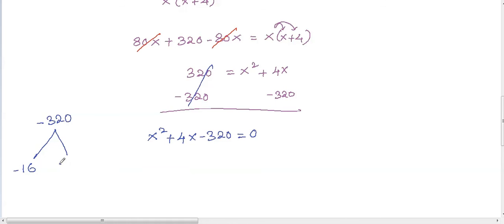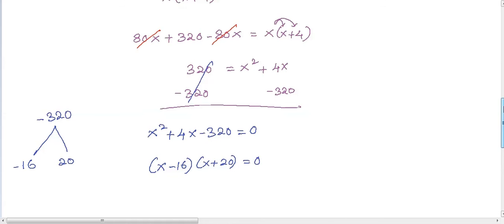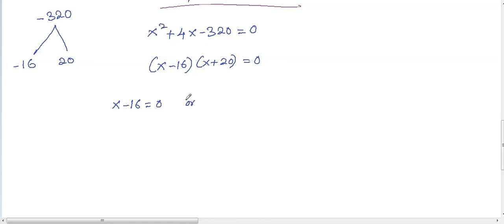Which two numbers add up to 4 and multiply to minus 320? 20 and minus 16. So the factors are x minus 16 and x plus 20. So x values are x is equal to 16 and x is equal to minus 20.